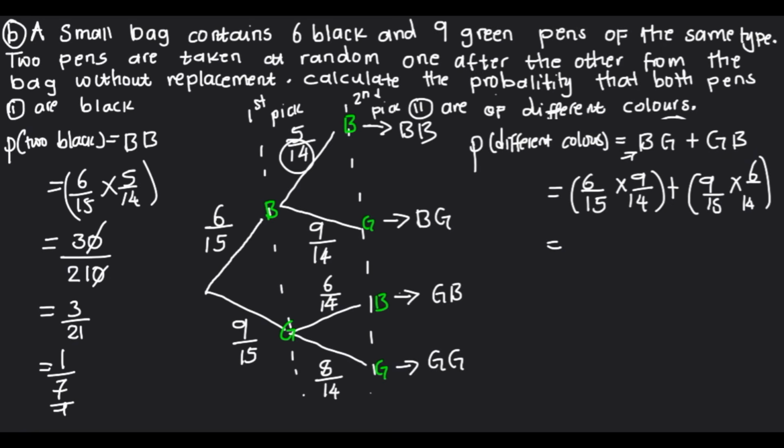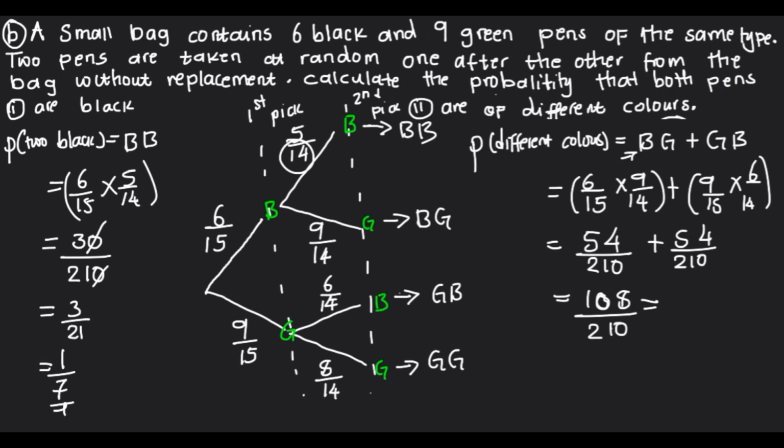Okay, so 6 times 9, that is 54. So here we have 54 over 210 plus another 54 over 210. So if we add 54 plus 54, we are getting 108 over 210.